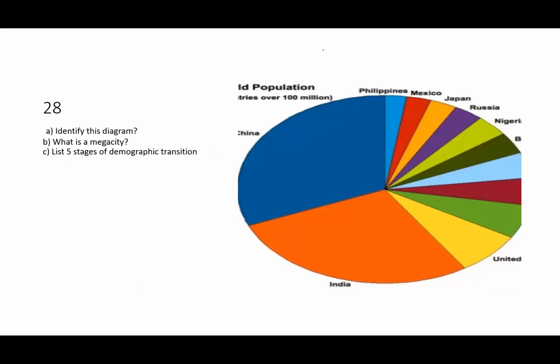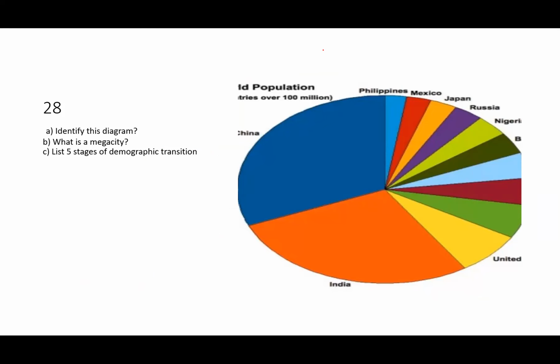Now, look at this diagram. Identify the diagram. It says, look over, you can see world population. You see China, India, United States, all represented on a pie chart. What is a megacity?